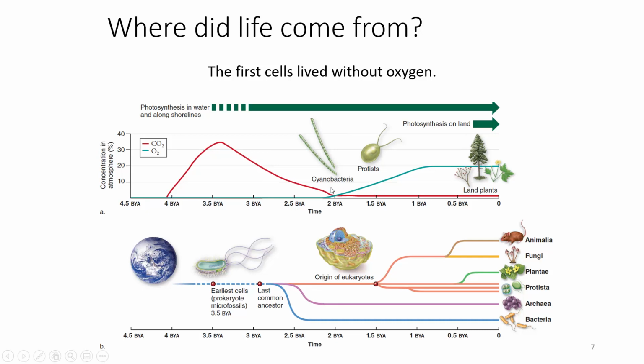So now you start to see oxygen appear in the environment about 2 billion years ago. When oxygen is present, it allows for energy to be produced in a much bigger way, in much larger quantities.